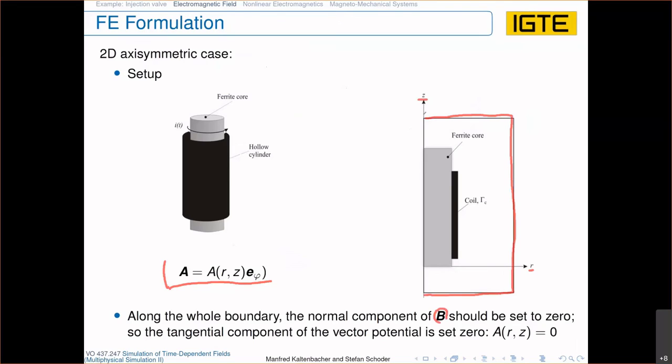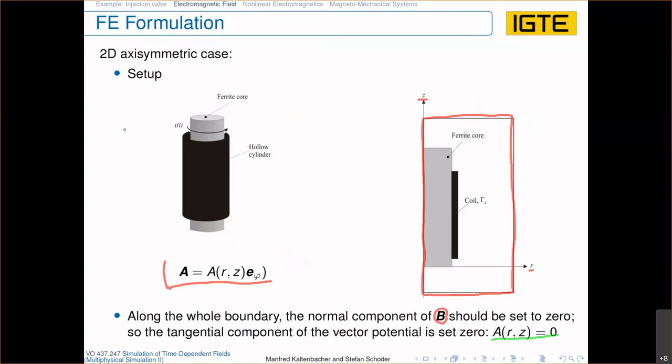That's also the case for the rotational axis here. This is simply fulfilled when you set this phi component of the magnetic vector potential along the boundary to 0, and you then get a correct magnetic field when you perform your numerical computation.